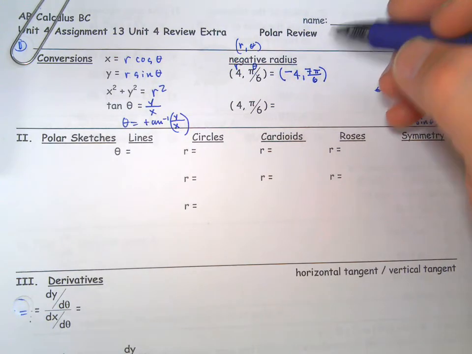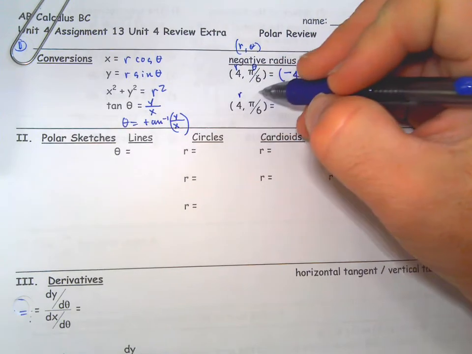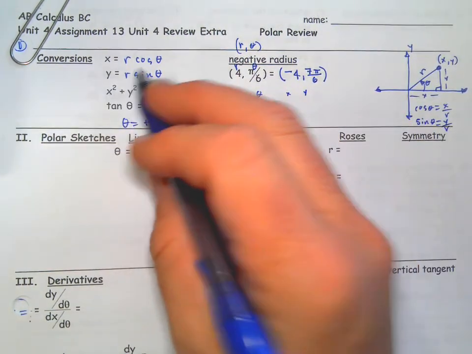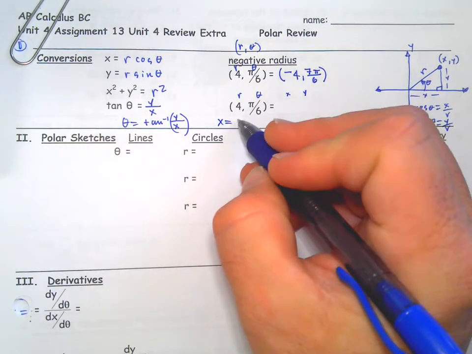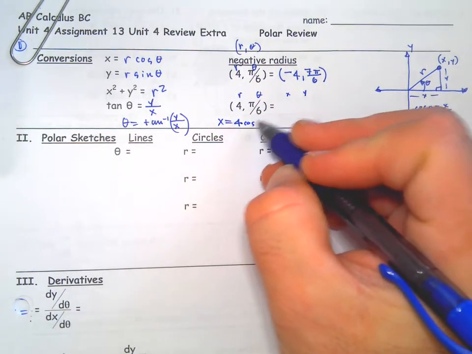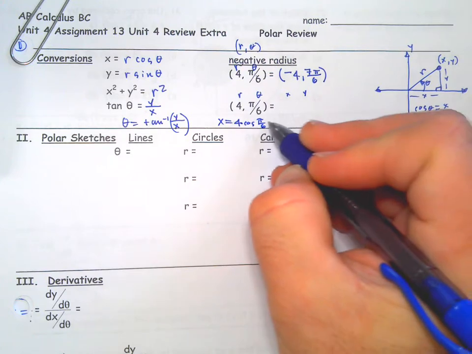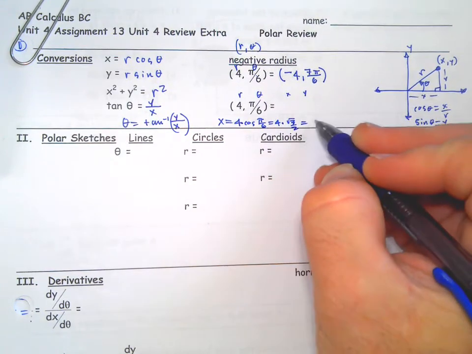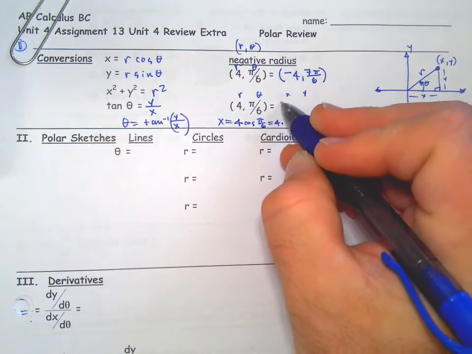If you wanted to convert this to x, y, you would use this relationship right here. You say x equals 4 cosine pi over 6, and so that'd be 4 times root 3 over 2, and so that'd be 2 root 3.